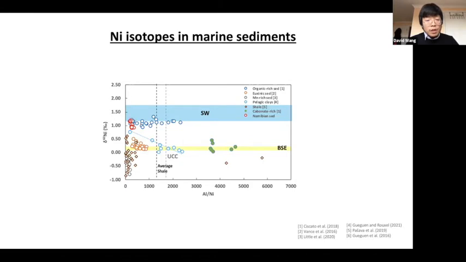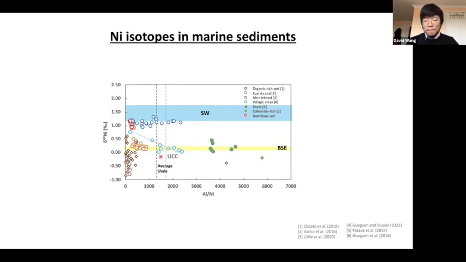It shows a negative correlation between nickel isotope and aluminum to nickel ratio, which also suggests that it might be a mixing between lithogenic and authigenic end members with a steeper slope when they reach the intercept of the axis. This might be explained by different aluminum to nickel ratios in bedrocks in different regions, which means that if in this region nickel is relatively enriched in the bedrock, it might be possible that our lithogenic source has a high nickel concentration, so that its aluminum to nickel ratio gets lower.